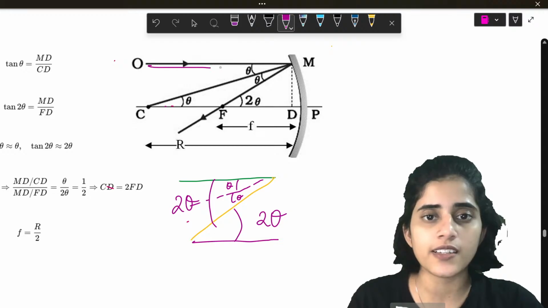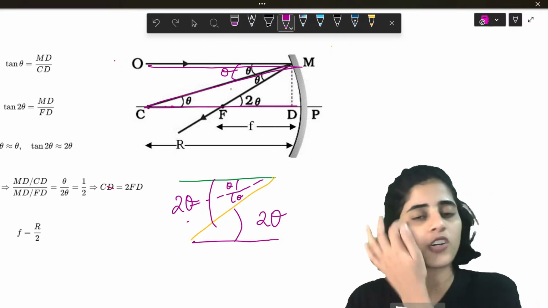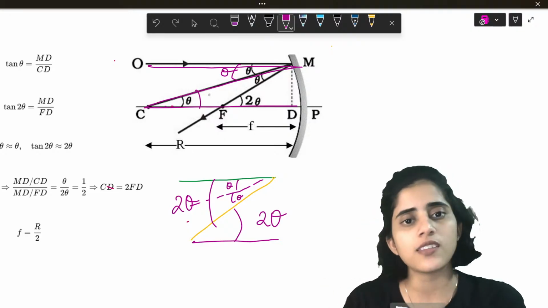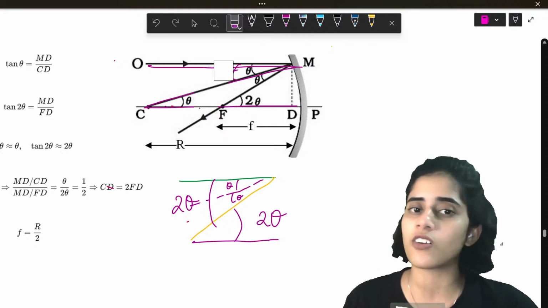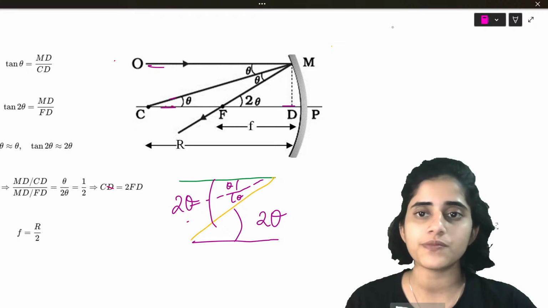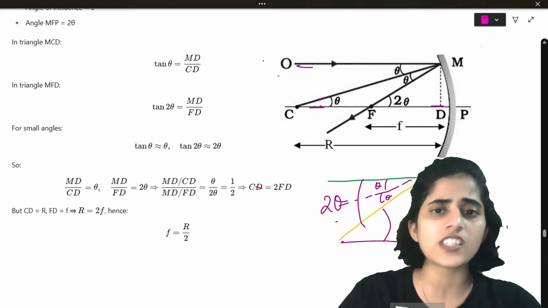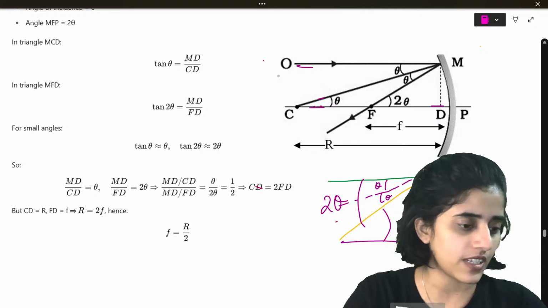This is theta, we definitely know, because that is the angle of incidence. So with the concept of alternate angles, you get theta, 2 theta and all of that. If this much is clear to you, then the derivation part is very easy.